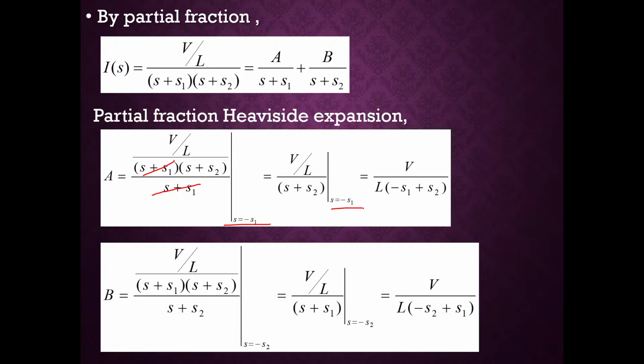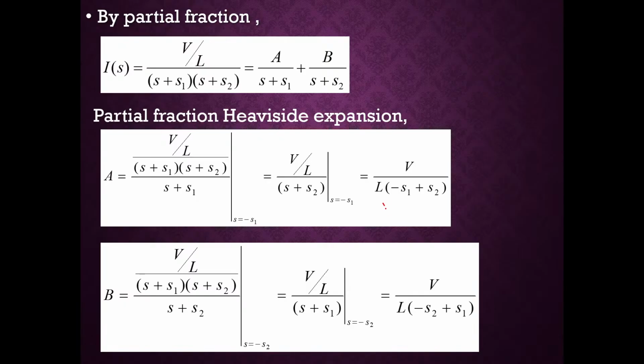Substitute S is equal to minus S1, and you will get V by L into 1 by minus S1 plus S2. You can rewrite this as V by L divided by minus S1 plus S2, or you can write it as V by L.